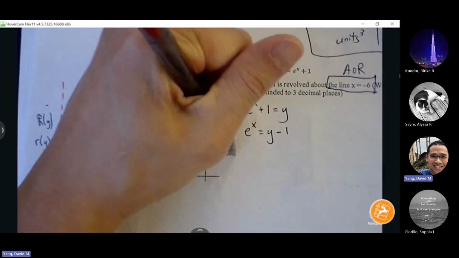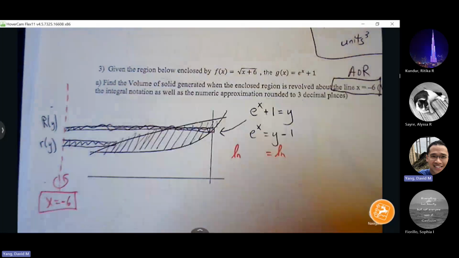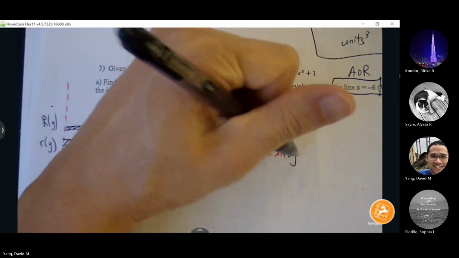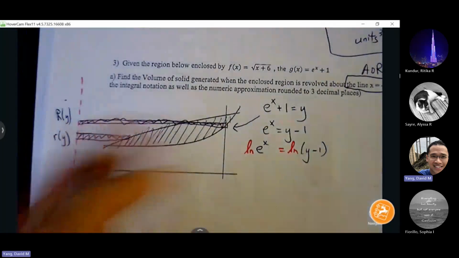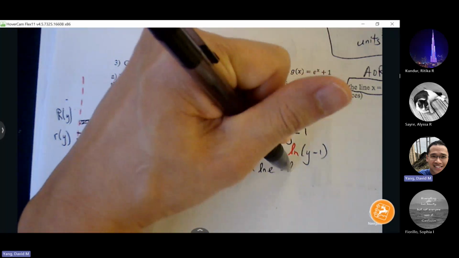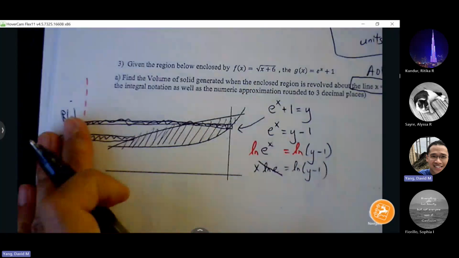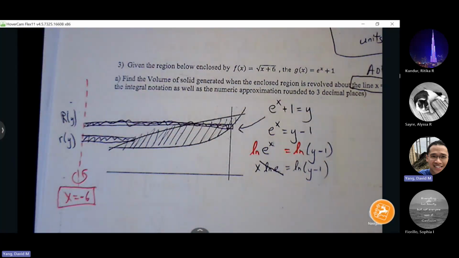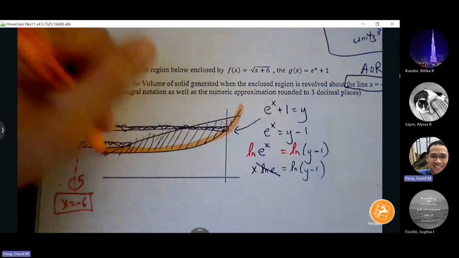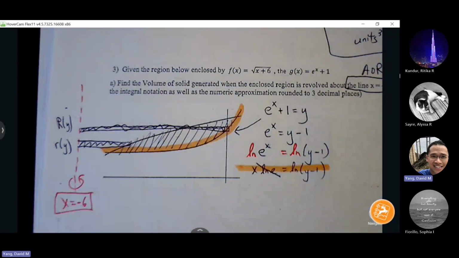Yeah, the natural log has a nice property which allows exponents to move freely. That x comes down in front. We know natural log of e is just going to be 1, so that goes away nicely. So x equals natural log of y minus 1. That is the rewritten equation of that curve.